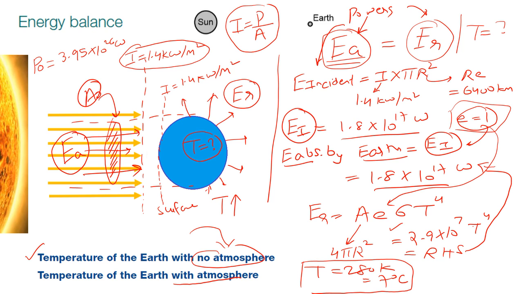Using these two assumptions, we arrive at this expression for temperature, right? So this was the temperature of the earth when there is no atmosphere. Now the next topic starts when we have the atmosphere. That is the first topic for this class.